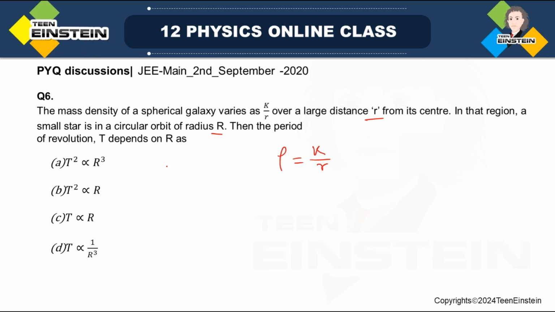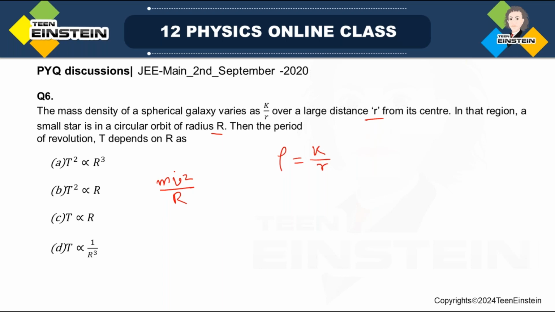All right, so to solve this problem, first of all, let us see how you find out the time of revolution. Obviously this is a problem from gravitation. Here in the galaxy, you have to write this formula, mv square by r.